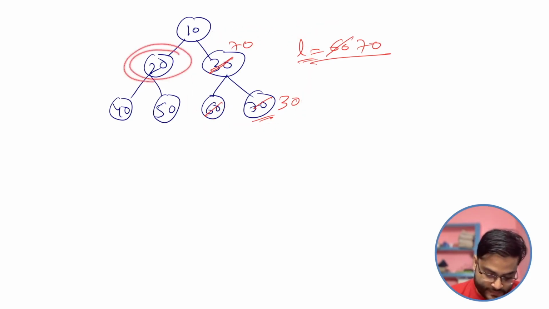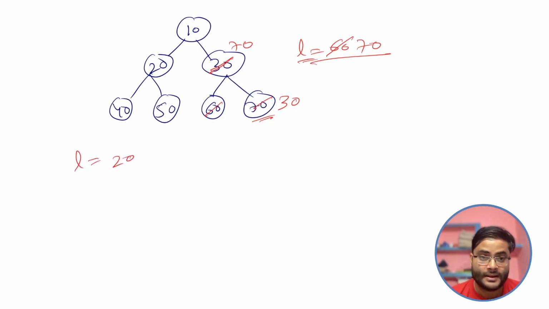Now come to 20. Let's take largest as 20. Its left child contains 40, so I will update my largest to 40. Now come to the right child.